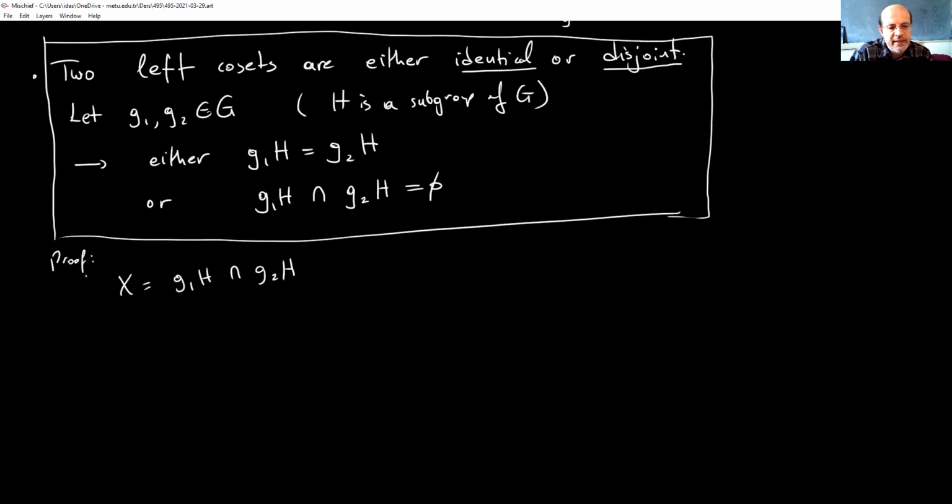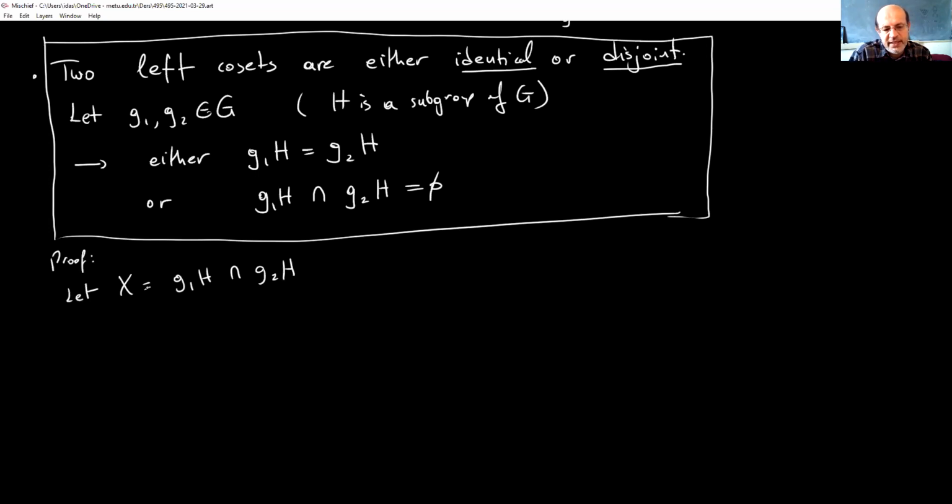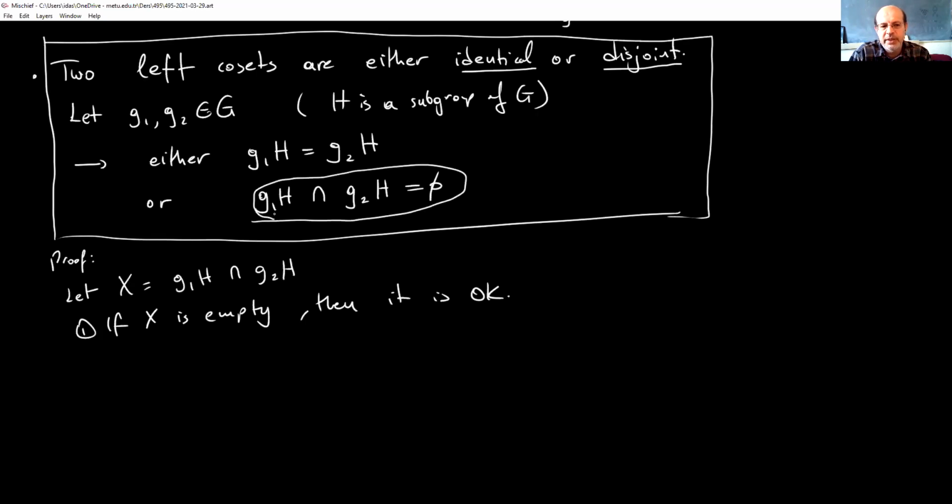Let's just define the intersection as X. So the first thing is, if X is empty, then it is okay. Okay means it is consistent with the claims of the theorem. That's one case that the theorem says should hold. If they are disjoint, they are already disjoint. There's nothing to prove in there.